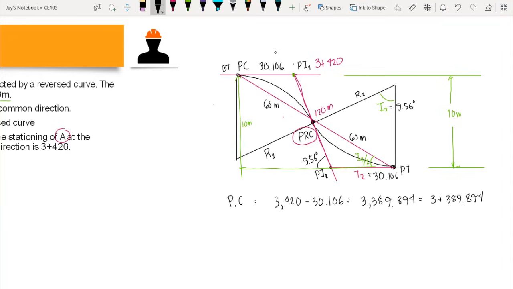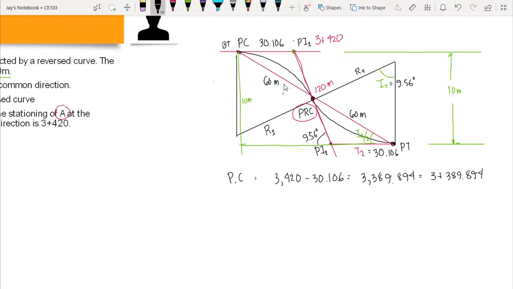Now, to know the station of PRC, we need to compute first the length of the curve of the first simple curve. So we need to compute first again the length of the curve by using the formula C is equal to R1 times pi over 180.